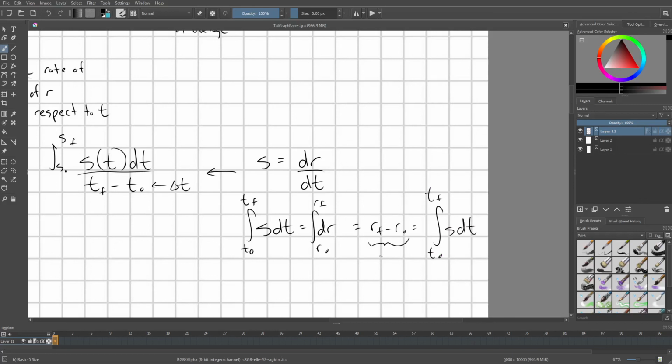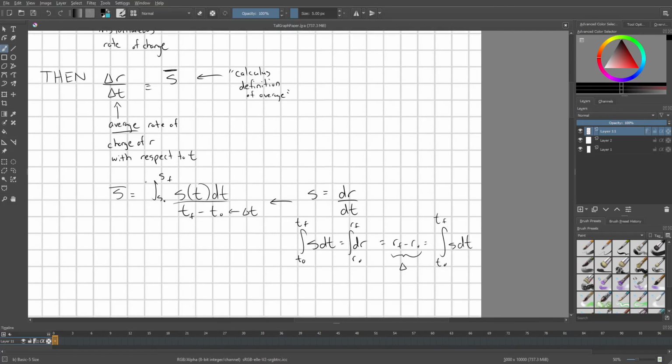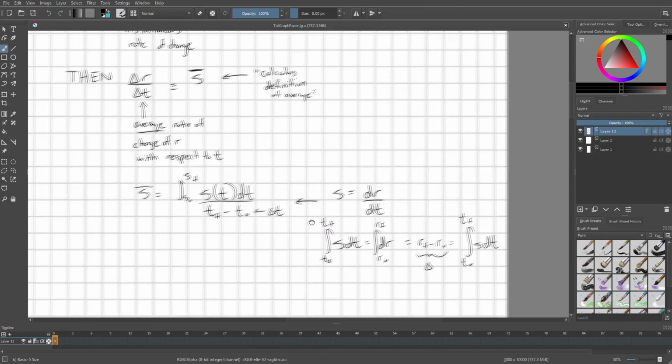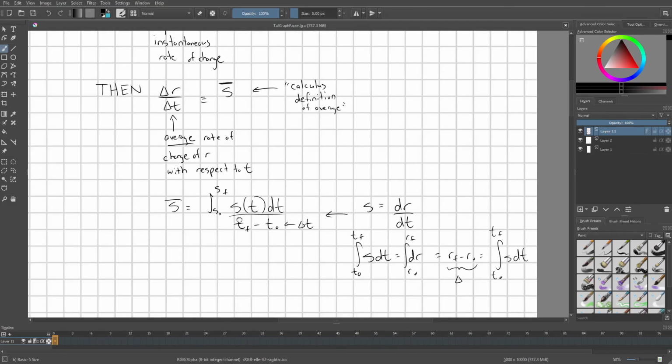This, of course, is delta r, so I can take this integral and plug it in for delta r. That's all I'm doing with this statement. So these two statements are equivalent. If you ever see a bar, I'm referring to our calculus definition of an average.